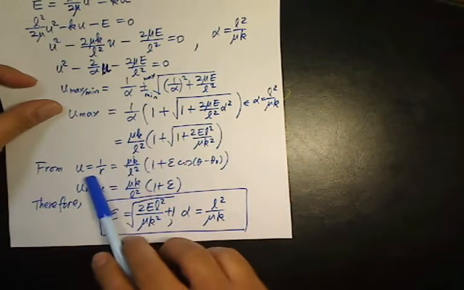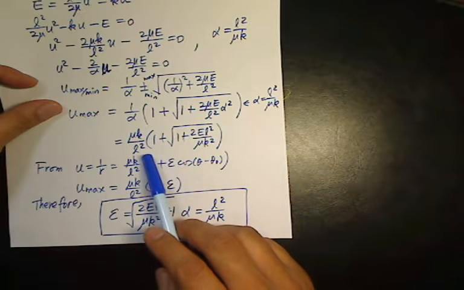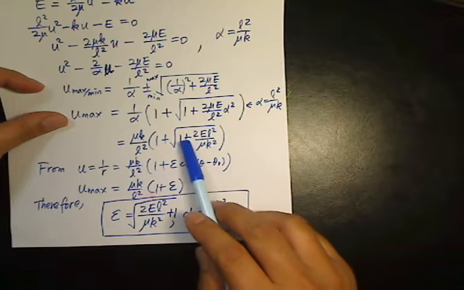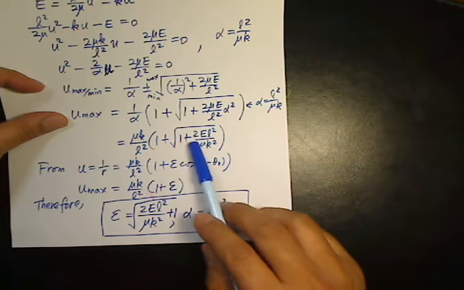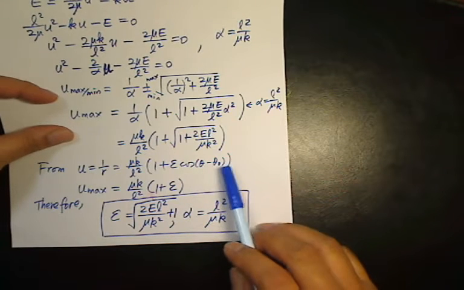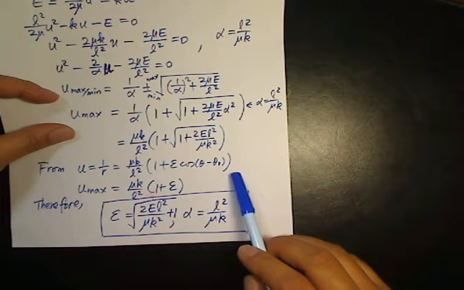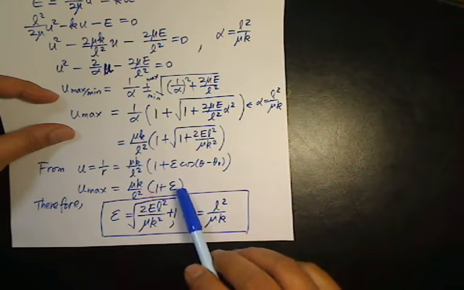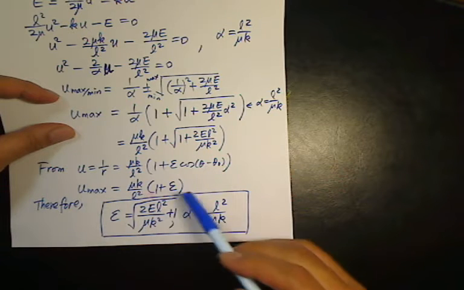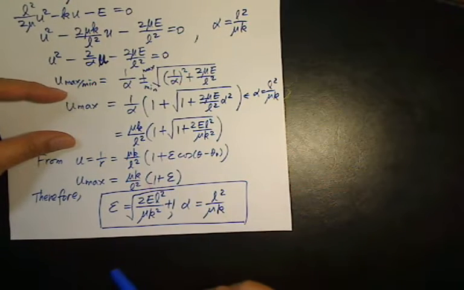From this expression, we find u equals 1 over r, mu k over L squared, that is related to alpha, and expressed as this extreme value. So it is reparameterized by cosine of theta minus theta 0. We can put theta equals 0, then it is 1 plus epsilon cosine theta. So that is the maximum value of u, and the reciprocal of this is the minimum value of the radius r.